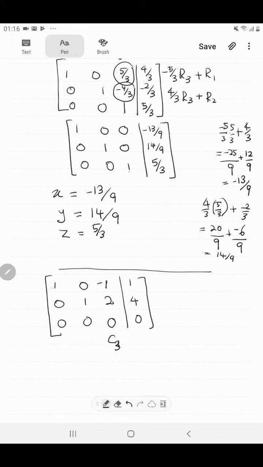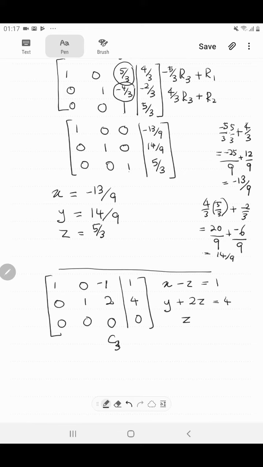So you have here x, no y, but 1 negative z. The second row gives you y plus 2z equals 4. And the third row, which is supposed to specify z, does not say anything about z.